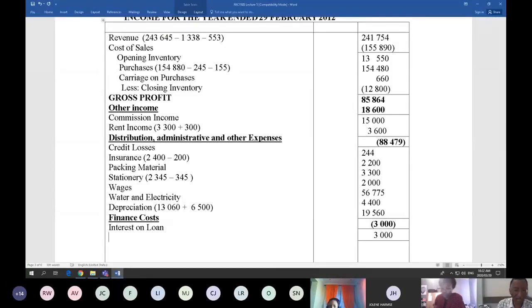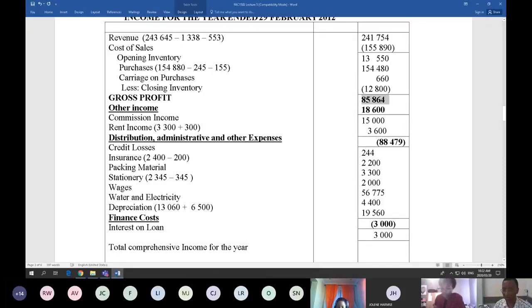And we conclude our statement of profit and loss and other comprehensive income, guys, by showing what is the total comprehensive income for the year. And the total comprehensive income for the year, guys, remember now I have put these amounts in bold here.